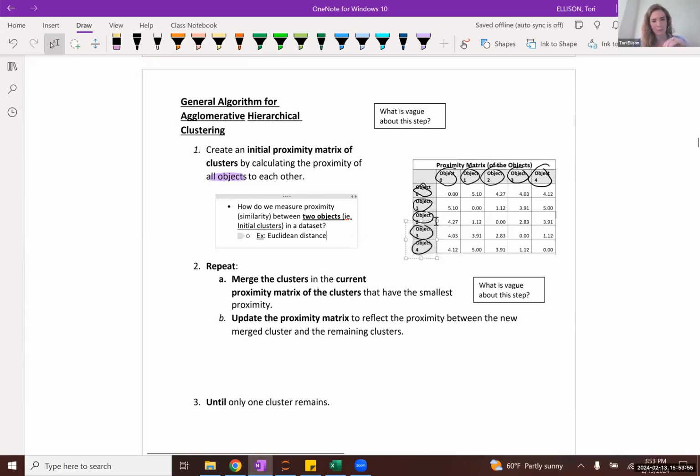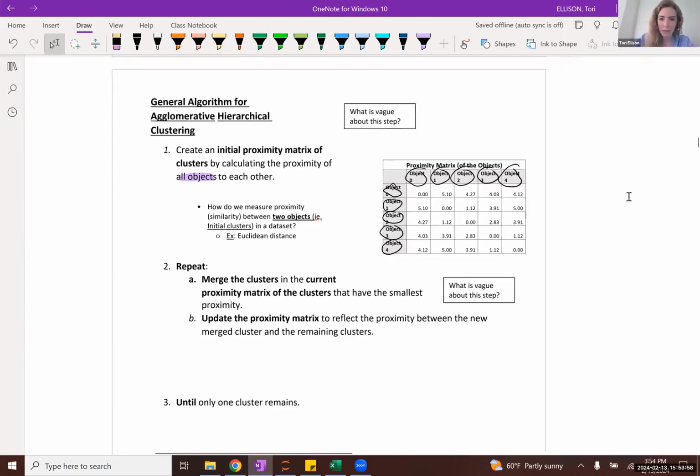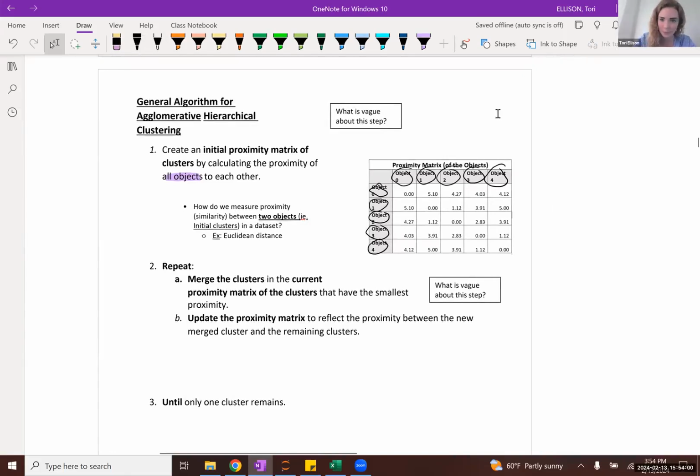Let's just say we merged 3 and 4. Then we would need to create a new proximity matrix that looks like this. What is vague about this step? In particular, the way in which we update the proximity between these sets of clusters. What might we want to ask ourselves?